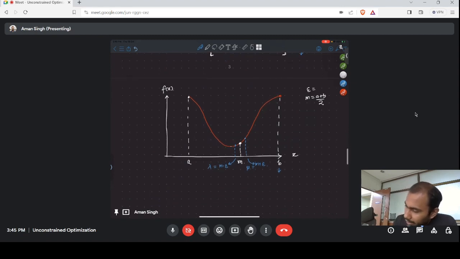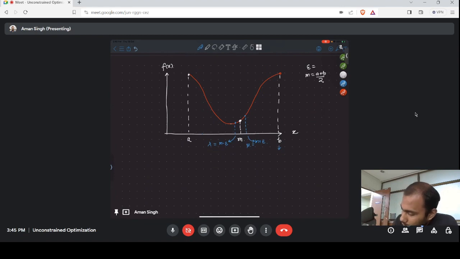Now the procedure remains the same. In the first iteration, if f(mu) is greater than f(lambda), then the next interval will become a to mu, and if f(lambda) is greater than f(mu), the next interval will be lambda to b. So dichotomous search tells us how we find those two points inside the interval.